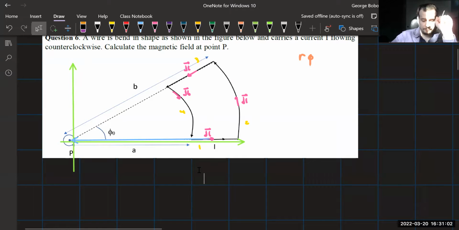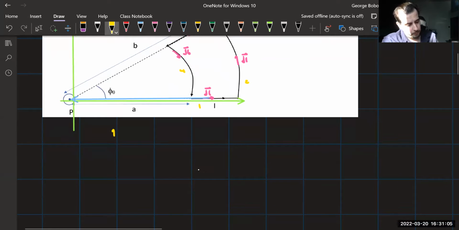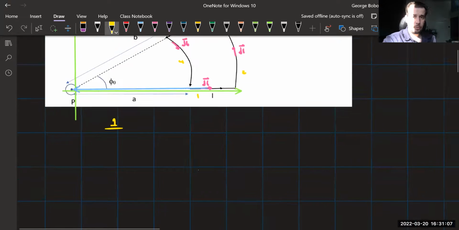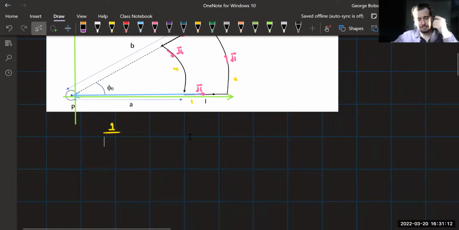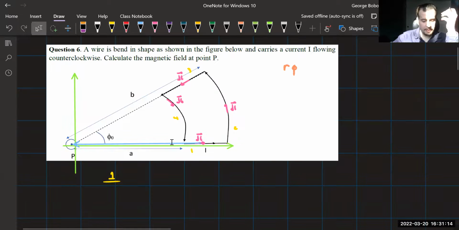So slowly, for region 1, let's consider what this R vector is going to look like. Well, I see right now that this R vector, all it's going to do is literally just point in the negative R direction. Like, it's pointing toward the origin of a polar coordinate system. That's all it will do, literally, throughout the process here. So it's going to have some size that will vary.